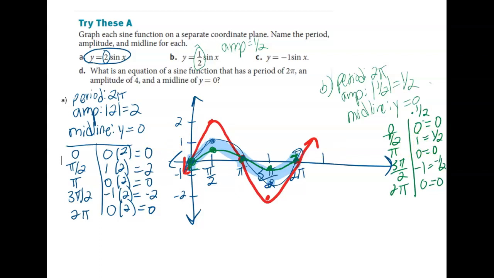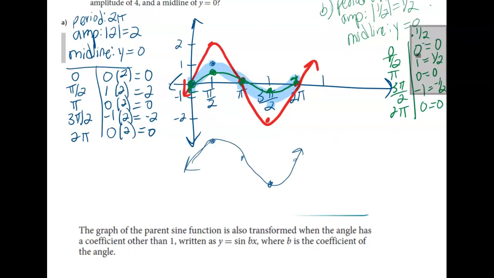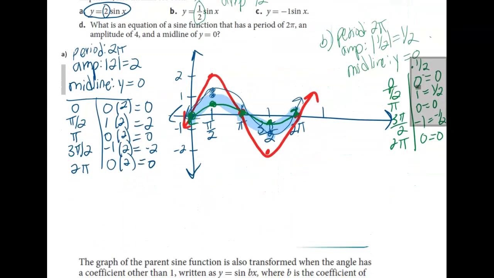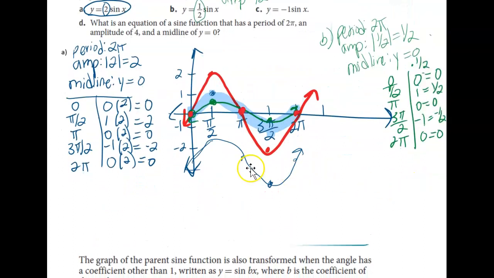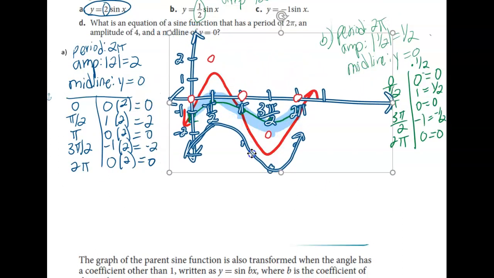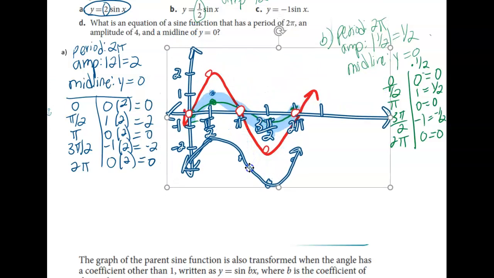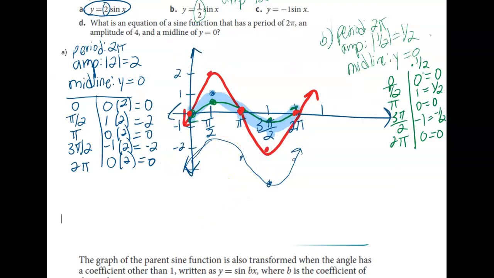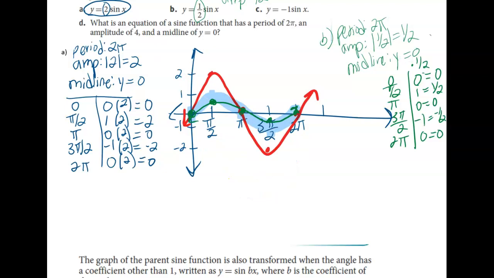We'll do a separate graph for C, because this one's a little bit more interesting, I would say, than the rest. So if you look at C, you've got that negative 1 in the front.